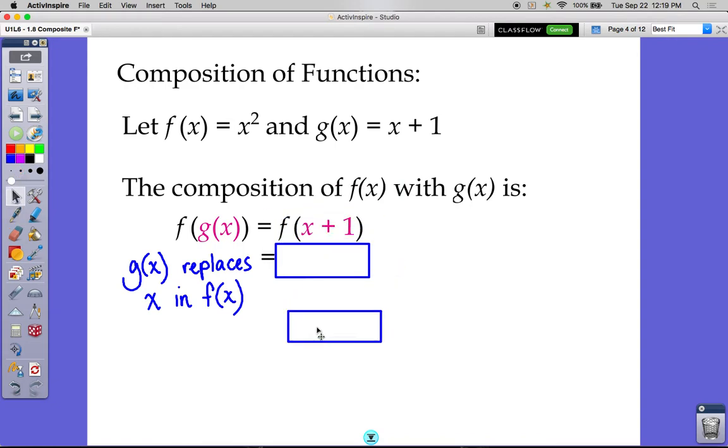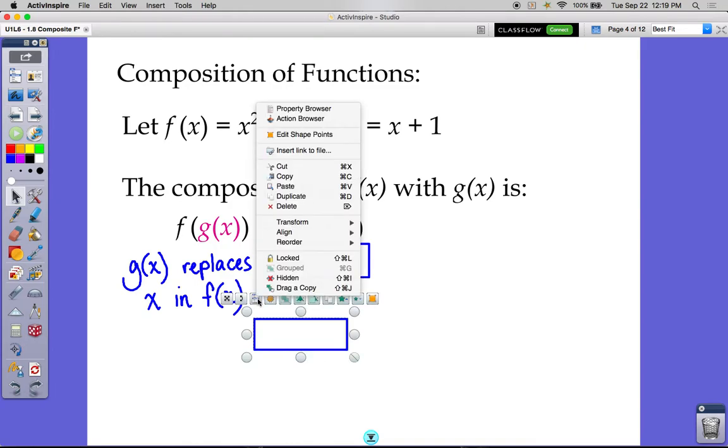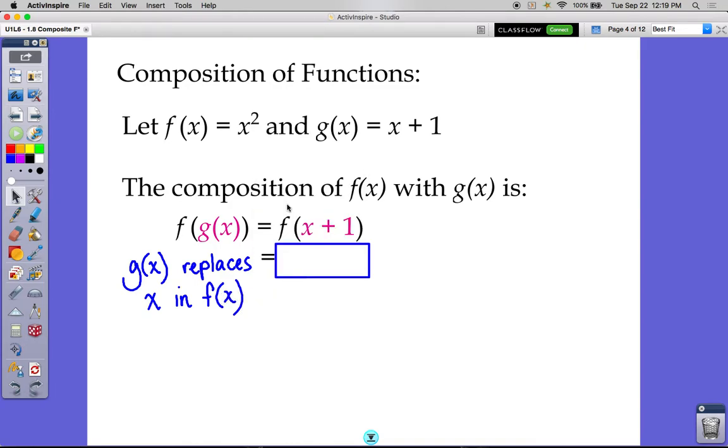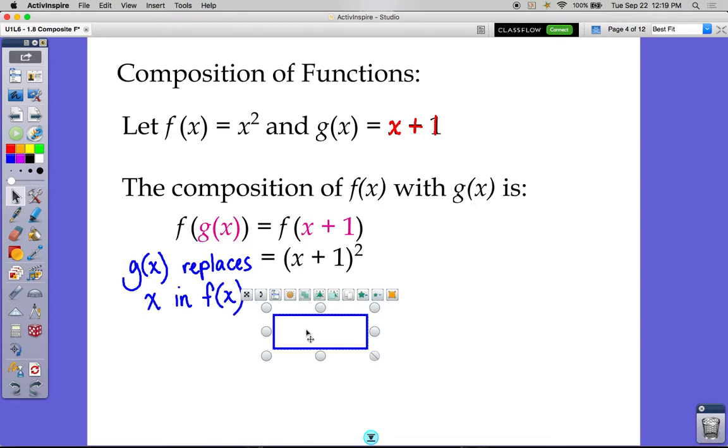So that is f of x plus 1, because remember that g of x was x plus 1. So every time you see an x value inside of the f of x equation, which was x squared, that is now going to be x plus 1 squared.